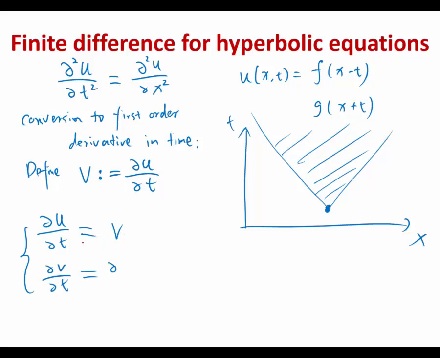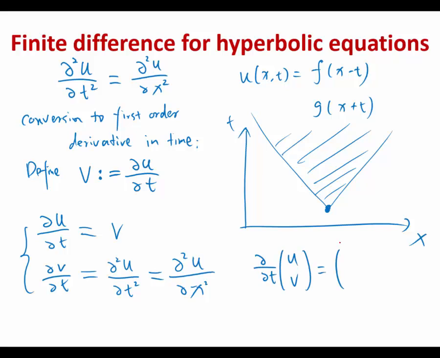So if you just plug in the definition, it's actually second order derivative in time, which according to the original partial differential equation is just partial square u partial x square. All right. So another way to write it is partial t of u and v is equal to the collection of v and partial square u partial x square.